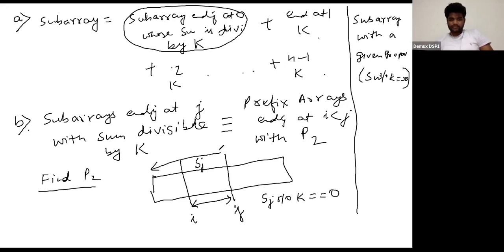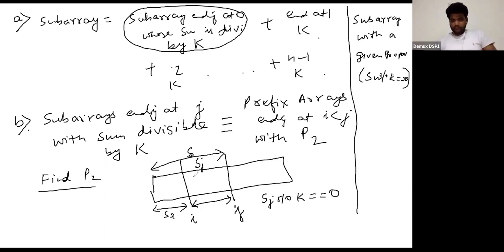So now let's see. Let's say this entire sum was s. And this sum is si. I have to basically relate si with s and sj, I mean, the property basically.